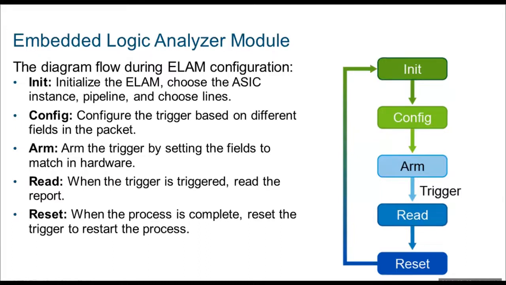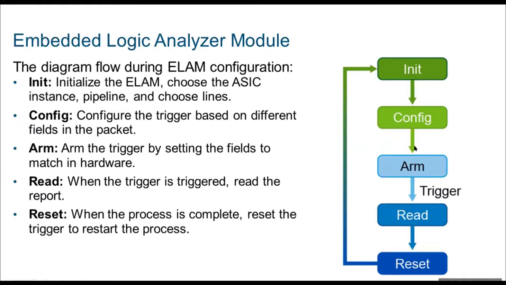That shows you how you would have to configure for ELAM. You would have to specify the ASIC instance when you initialize the ELAM, the data path, which is the pipeline, ingress and egress, that would be your data path. You'd have to specify you want to go ahead and configure for ingress or egress. You'd configure a trigger.